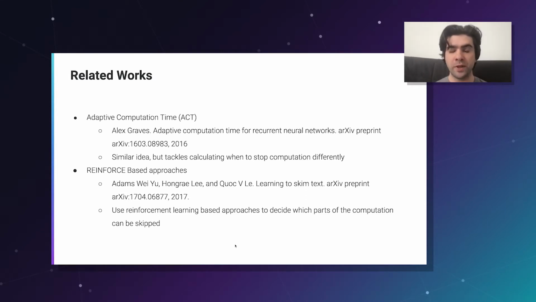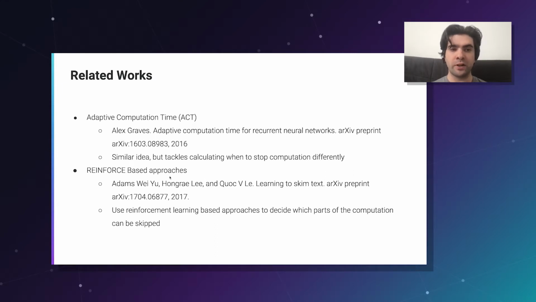The one that is most heavily discussed in this paper and is probably the closest is this adaptive computation time, or ACT, by Alex Graves, which kind of defines a similar way of essentially ending your computation early, or having a modifiable compute time, but tackles the actual computation for when to halt a little bit differently. And as we'll see, PonderNet ends up outperforming this one in many of the tasks.